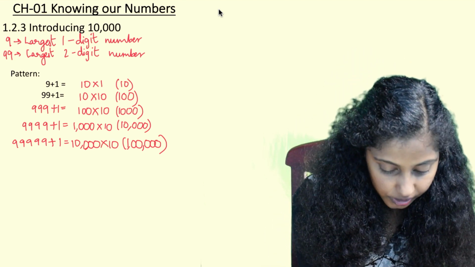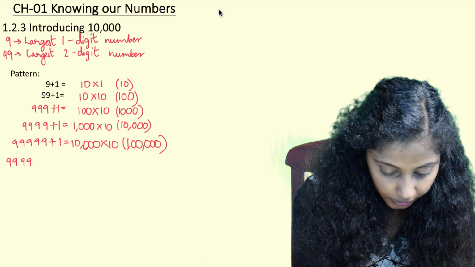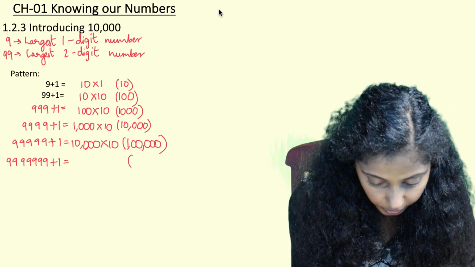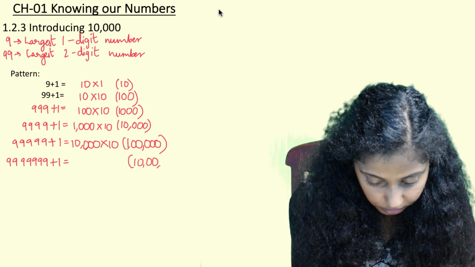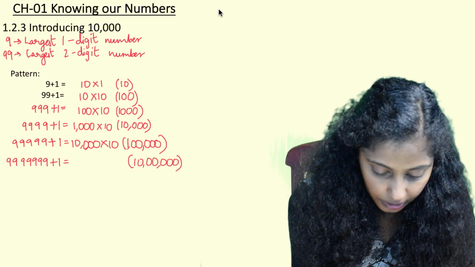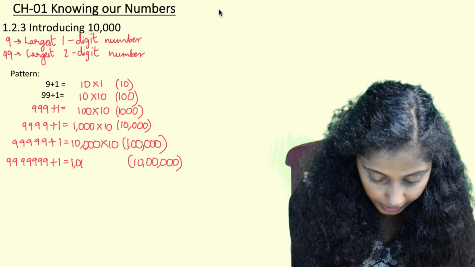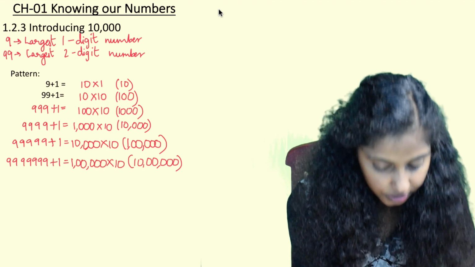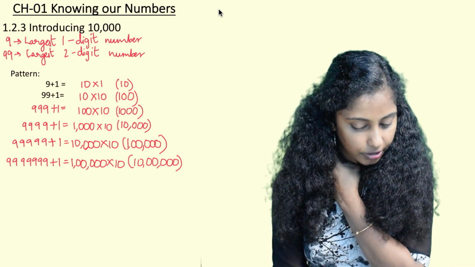And so on. This keeps on and on continuing. Now I can write 9 6 times, plus 1 will give us 10 lakh. And this can be shown as 1 lakh multiplied by 10. Like this we can see a pattern.